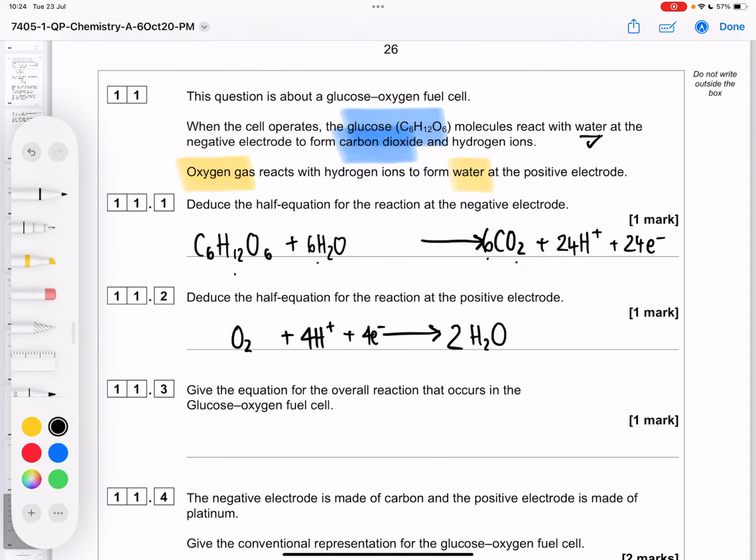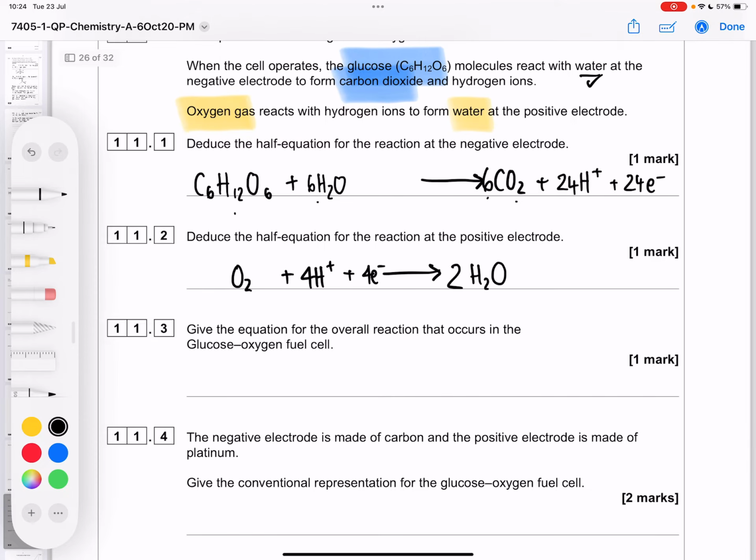Then it wants us to give an overall equation that occurs in the glucose-oxygen fuel cell. So it's expecting us to multiply this bottom one by 6 to make the electrons match. You may well actually know this equation or work it out a different way, because a fuel cell is the reaction where the fuel is burnt in excess oxygen to make carbon dioxide and water.